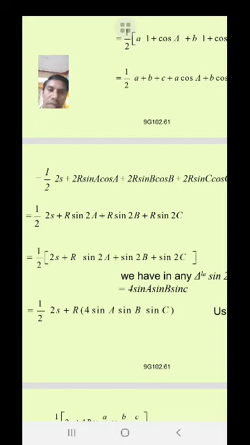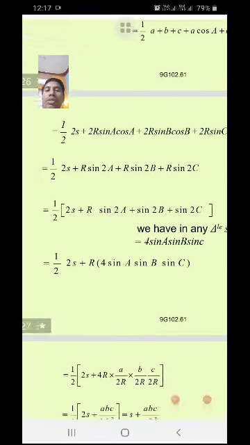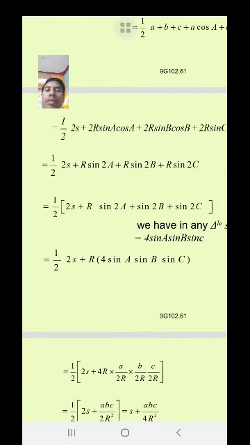A plus b plus c means 2s, so 2s, and after that plus small a means from the sine rule we can write 2R sin A, so cos A as it is, plus small b means 2R sin B cos B as it is, and small c, 2R sin C cos C. 1 by 2 into 2s plus, 2 sin A cos A means sin 2A, that is R into sin 2A plus R into sin 2B plus R into sin 2C.